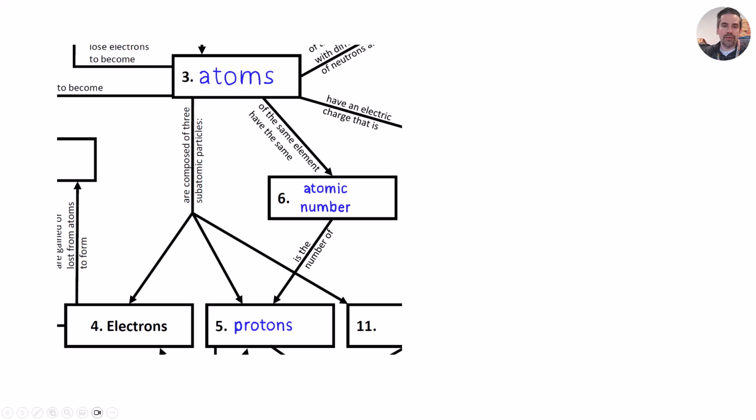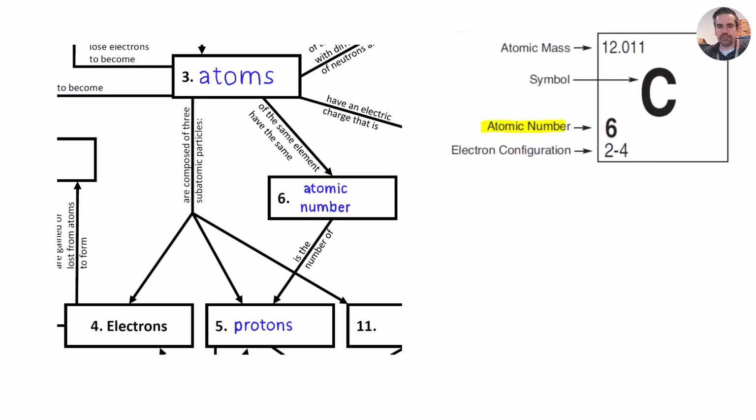Those are things that you need to memorize, and this concept map helps us to see how they're all linked together. You can see on the periodic table of the elements that the atomic number is listed as the bold number in each box. You should take your periodic table out and see that you have the atomic number for each of them.